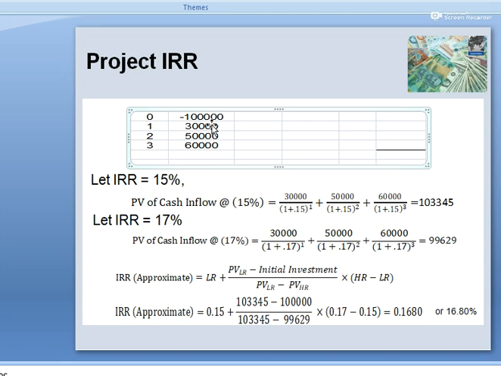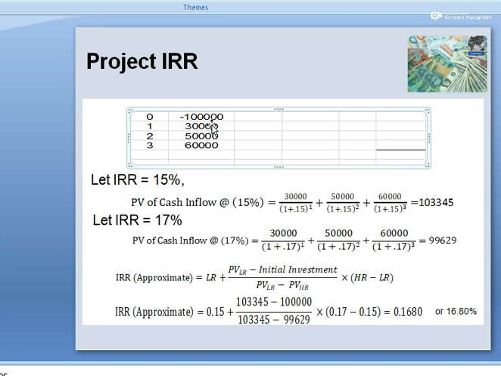So it is higher than the initial investment of 1 lakh. Now we are going to take another rate which is higher than the initial rate of 15%. We took 15% the first time, where the present value was higher than the initial investment.